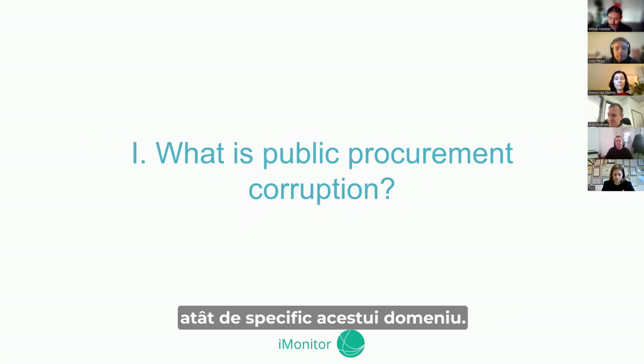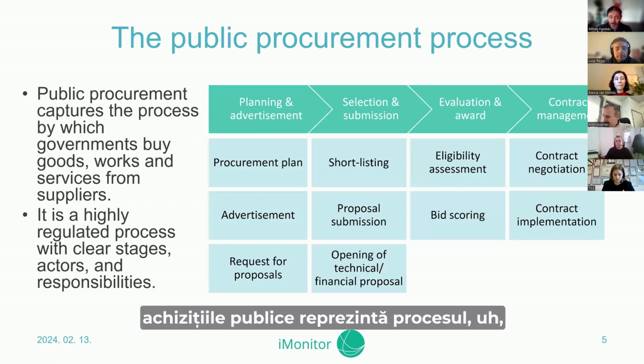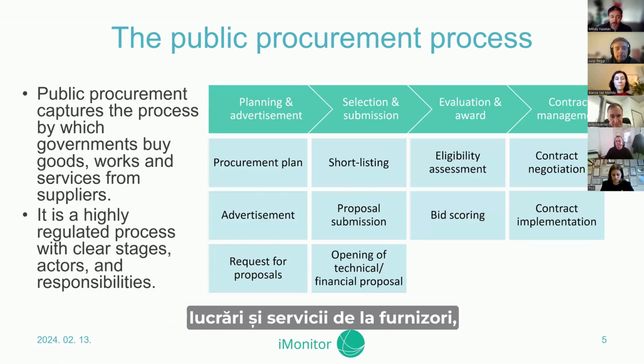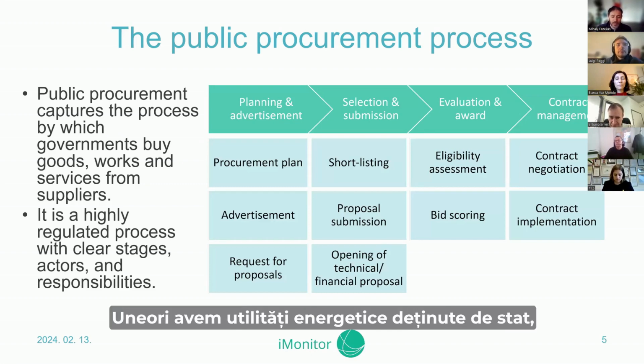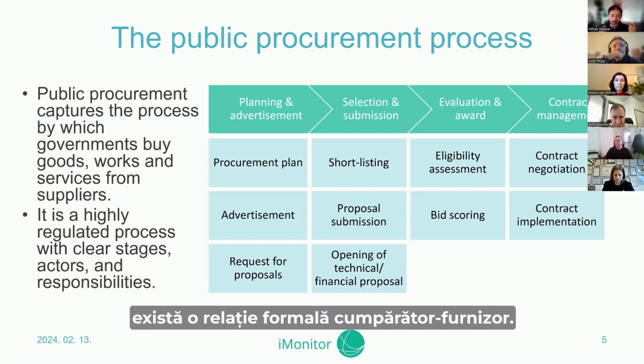First of all, public procurement represents the process by which governments buy goods, works, and services from suppliers, typically private sector suppliers, but not always, right? Sometimes we have state-owned energy utilities, for example. So in that sense, there is a formal buyer-supplier relationship, but both sides of the contracting process are government related.